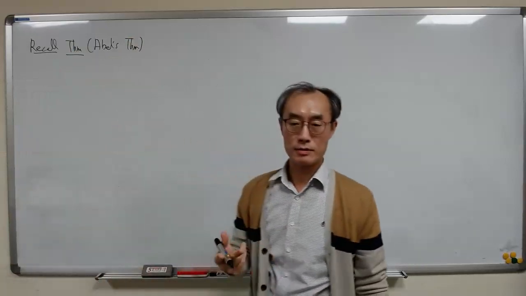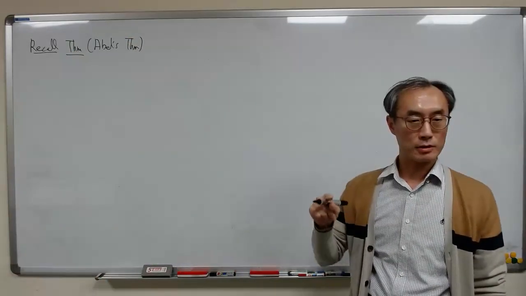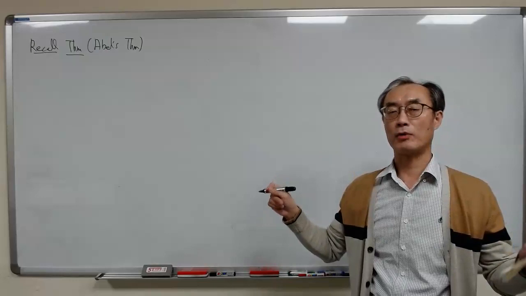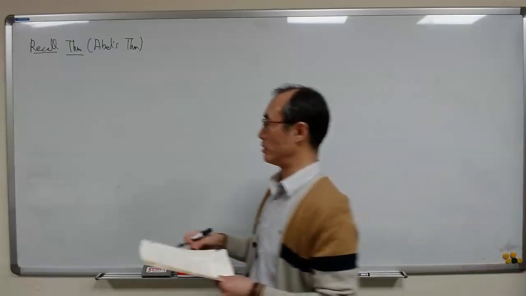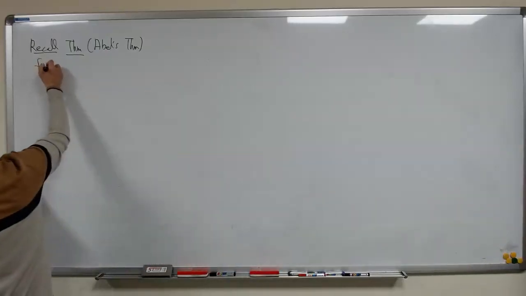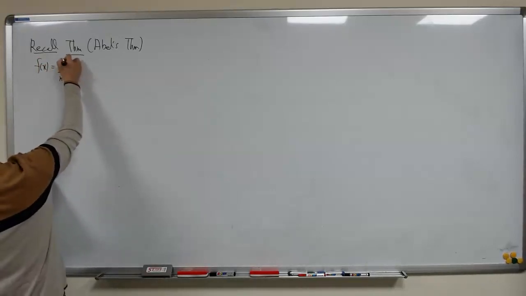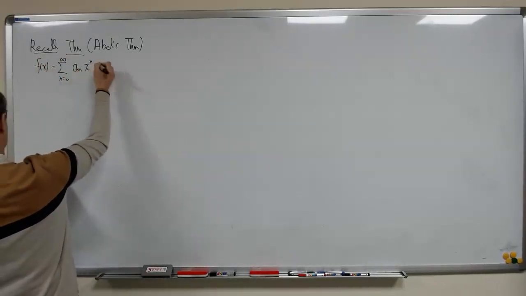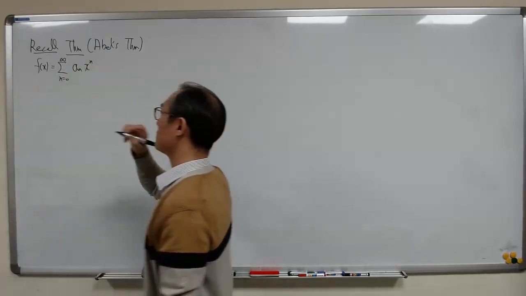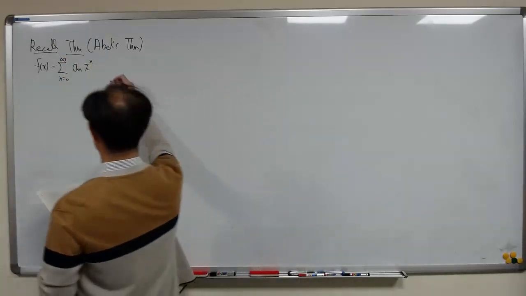Abel's theorem discusses the behavior of the power series at the boundary point of the radius of convergence. Suppose f of x is defined by the power series, the sum from n equals 0 to infinity of a(n) x to the n. So this function is defined by the power series like this.